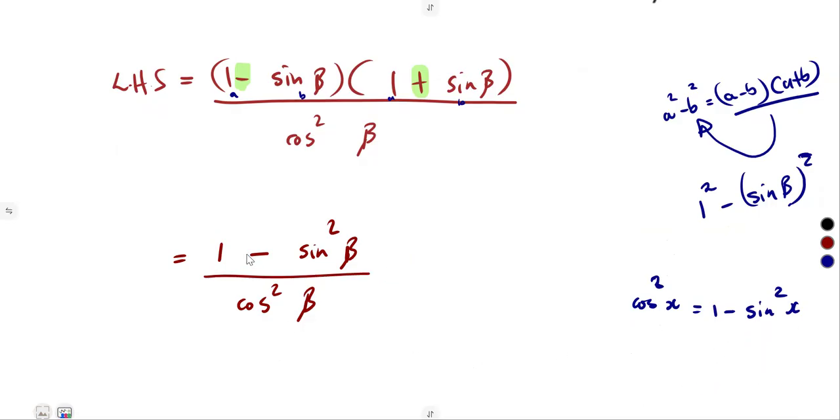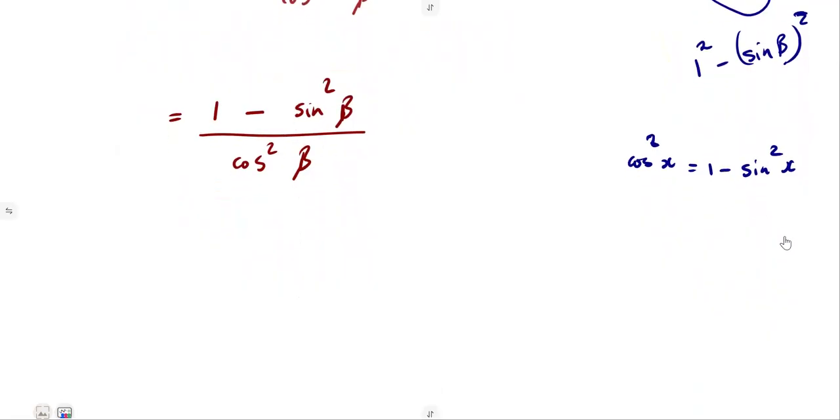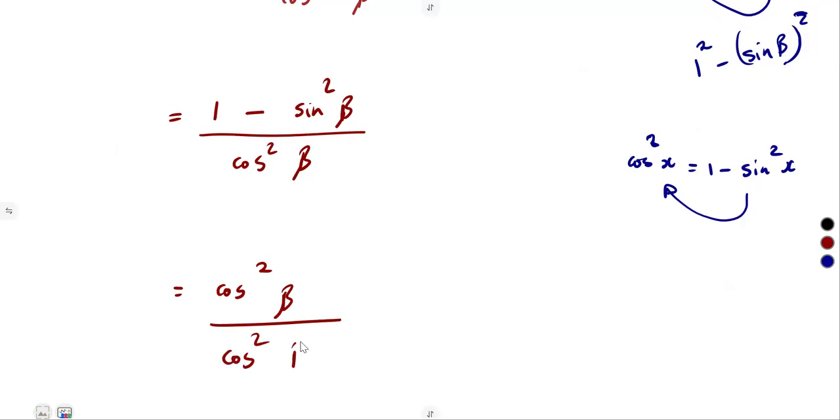It was up to you. In my case, I'm just going to take the numerator and change it to a single term. 1 minus sine squared x is the same as cos squared x. So this whole part is the same as cos squared of beta, everything over the denominator, cos squared of beta.